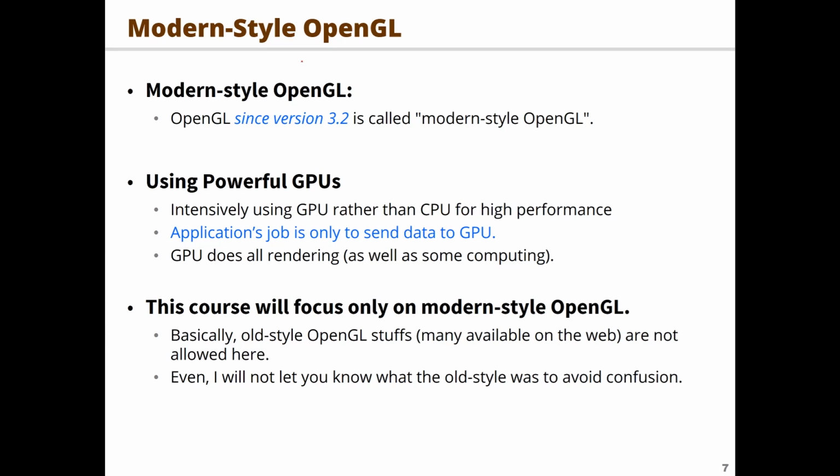The CPU's job is pretty simple. They just trigger the GPU to work for some previously defined commands. The application's job is only to send data and later trigger the GPU program. Then the GPU does all the rendering jobs as well as some computing. That is for GPGPU, general purpose GPU computing.